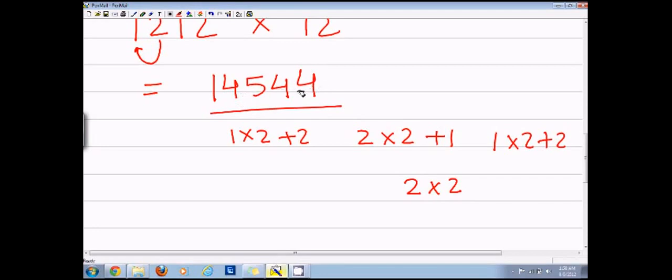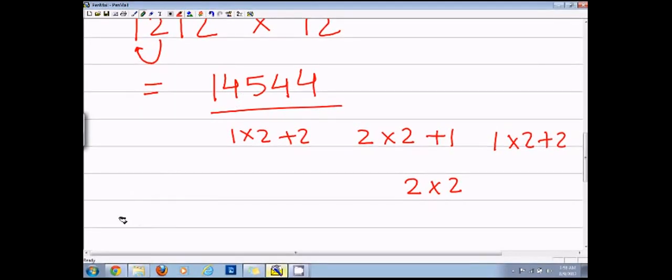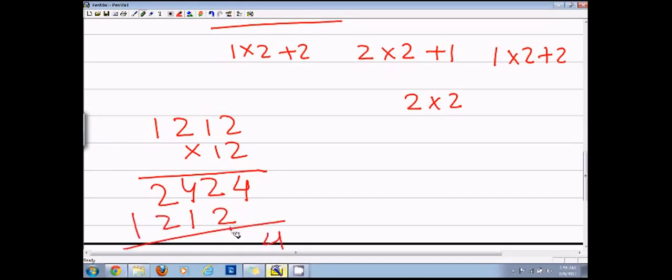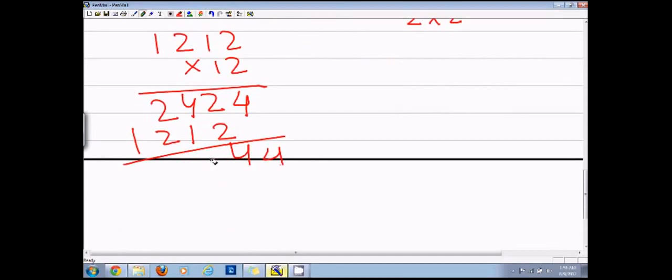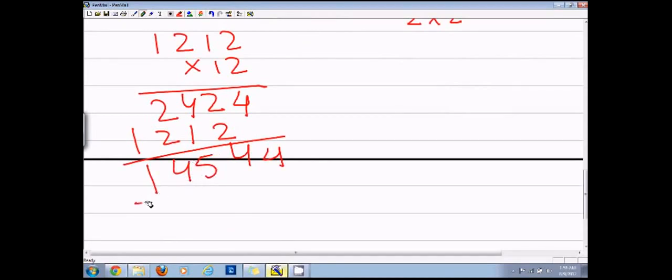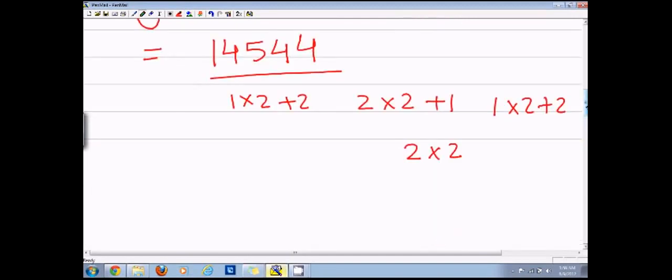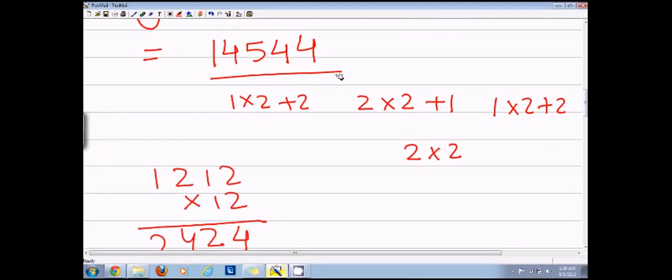I can check if my answer is correct. 1212 into 12 gives 2424, and then 12120. The addition is 14544, which is what I got for my answer.